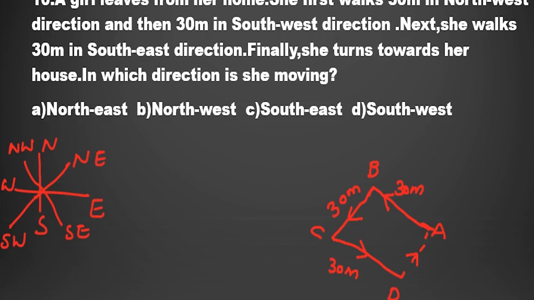We have to find out in which direction she is moving towards her house. DA. We have to find out the direction of DA. DA is northeast. So the answer is A, northeast.